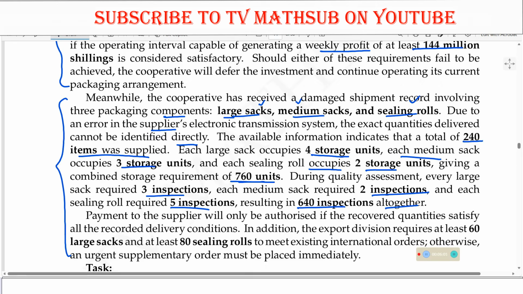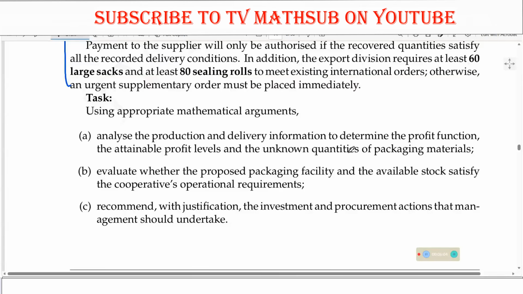So next we shall look at another part. Here we are able to answer part A: analyze the production and delivery information to determine the profit function, the attainable profit levels, and the unknown quantities of packaging materials. Part B: evaluate whether the proposed packaging facility and the available stock satisfy the cooperative's operational requirements.